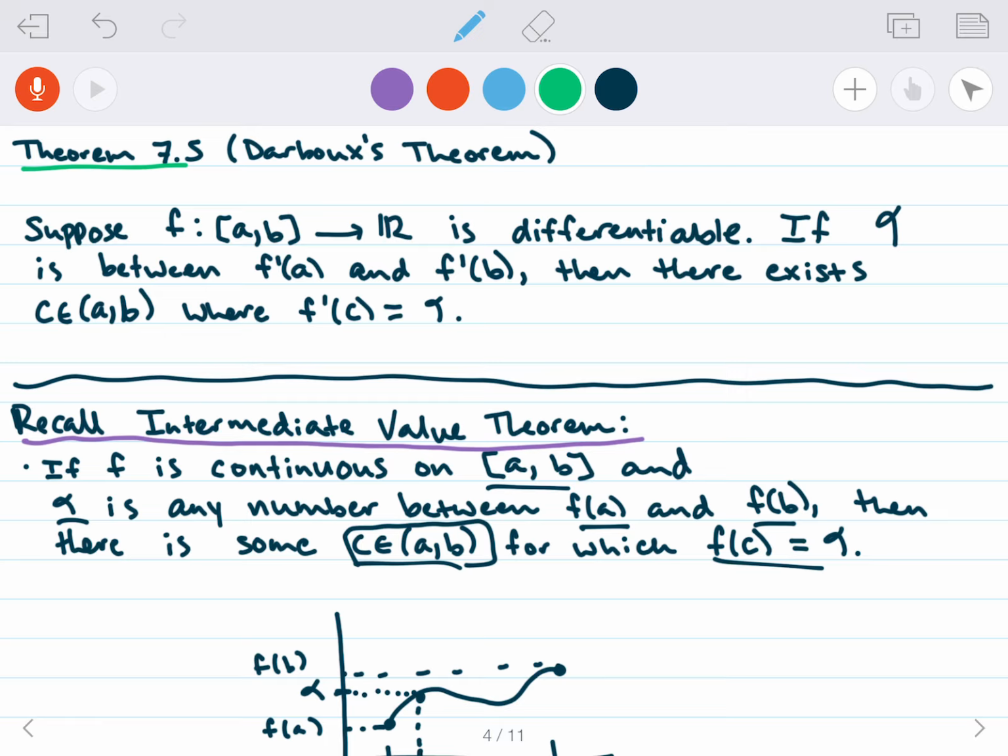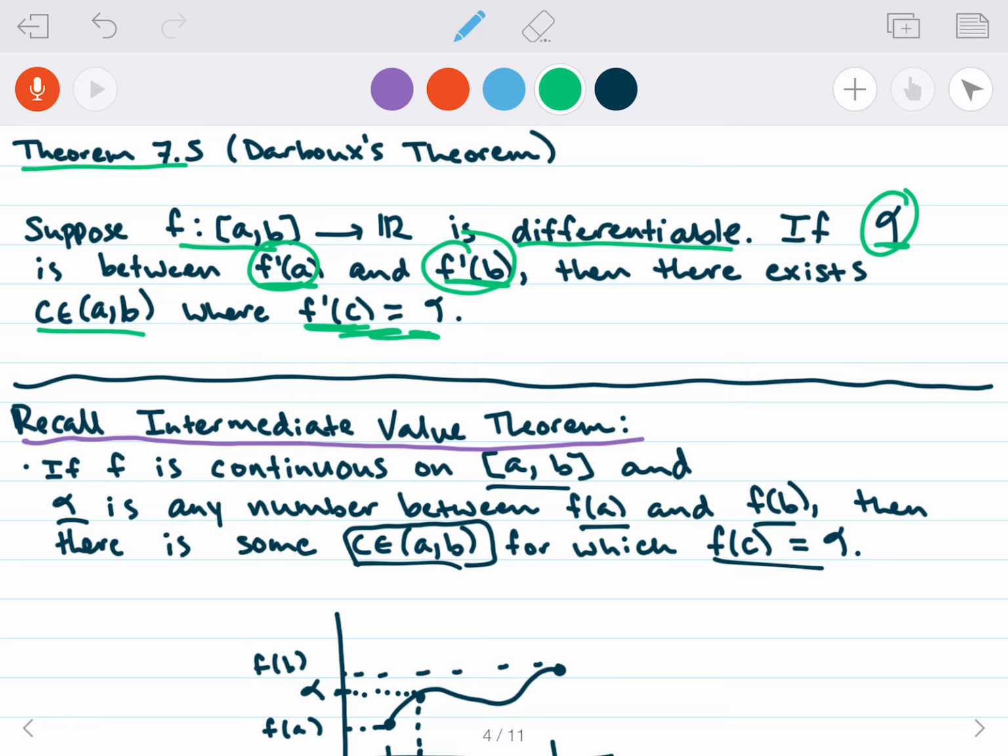It says if you have a function from A to B that's differentiable, i.e. continuous. And if you have alpha between f prime of A and f prime of B, so you can think of alpha as a slope. Okay, so think of a slope between this slope and this slope. Then there exists some value c in the open interval from A to B, so that the slope is equal to alpha.